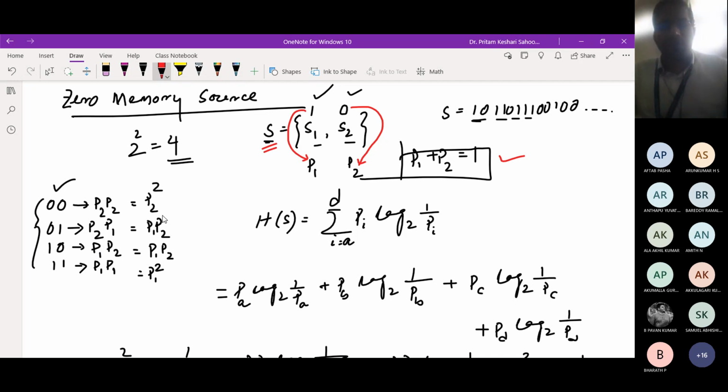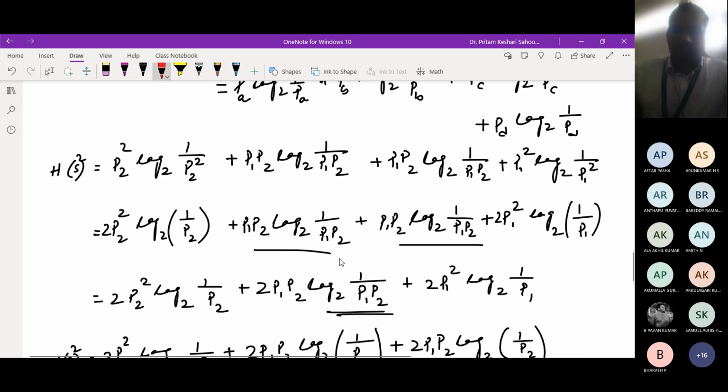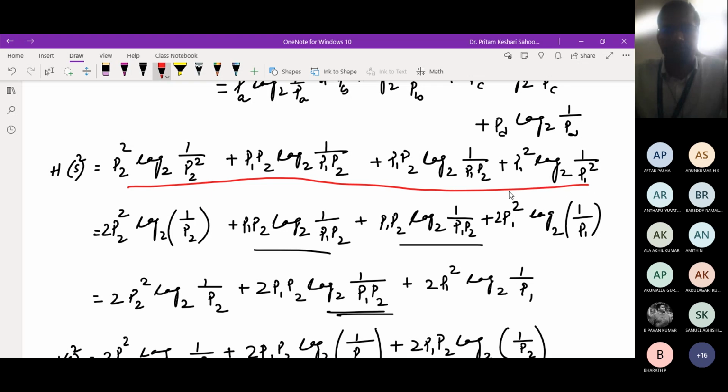With that, we also evaluated the average information of such a source, which is generating the second extension. That means 4 different symbols. So we have denoted it like this. And from this, using their respective probabilities, we have got this equation.